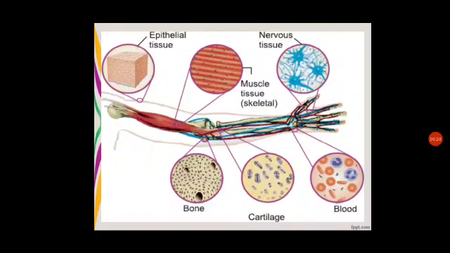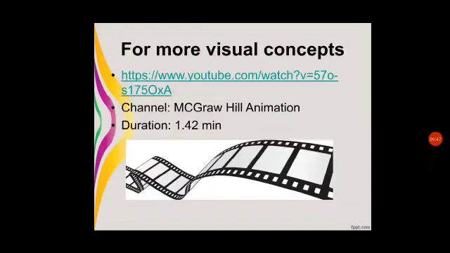And what are these, students? Bone, cartilage, and blood are types of connective tissue. And nervous tissue is scattered in the whole arm, so you can say that four types of tissues are present in the human arm.